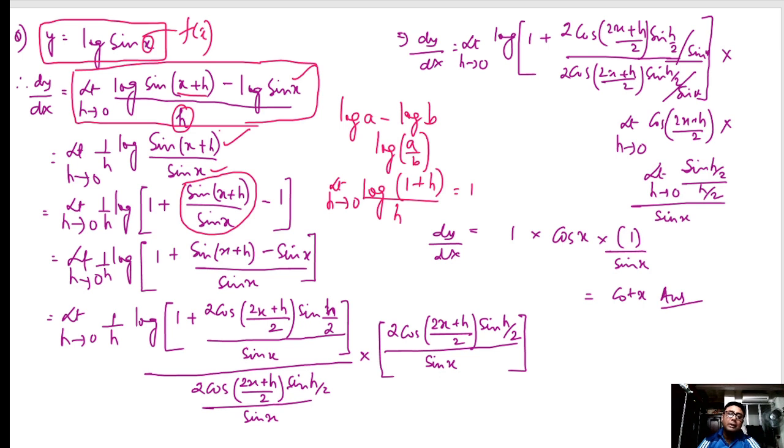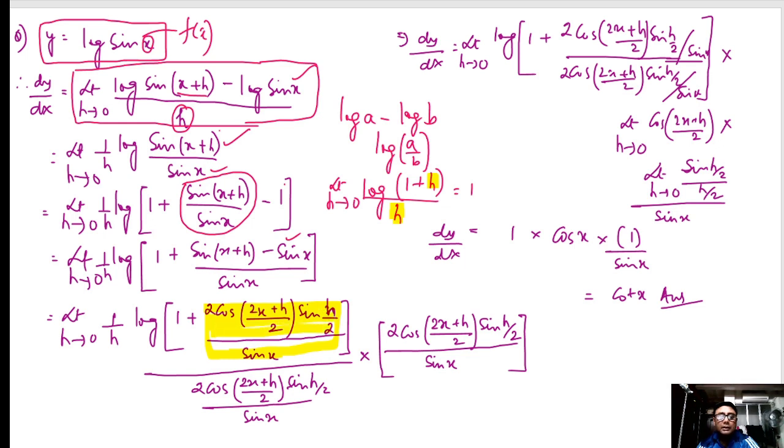Since I have to bring 1 plus, I wrote 1 plus and then adjusted with a minus 1. Now taking the LCM, we got this, and sin a minus sin b is 2 cos a plus b by 2 sin a minus b by 2, over sin x. So please watch here, when I am applying this, I have to write log 1 plus h by h. So here is our h, 1 plus h, here is our h, log 1 plus h.